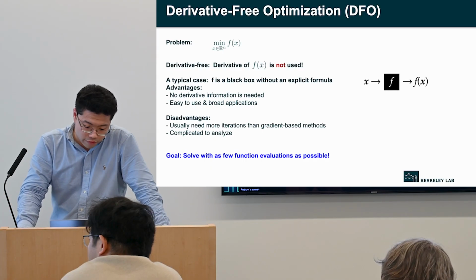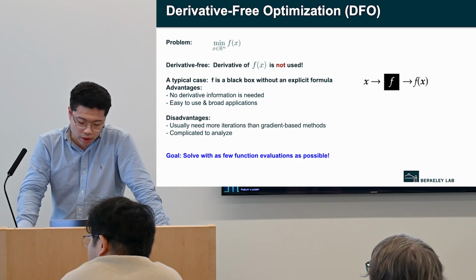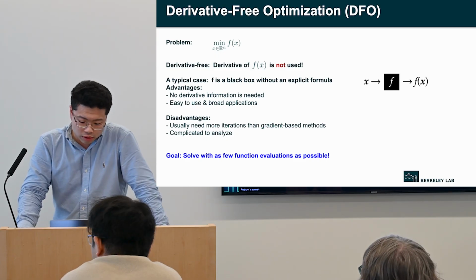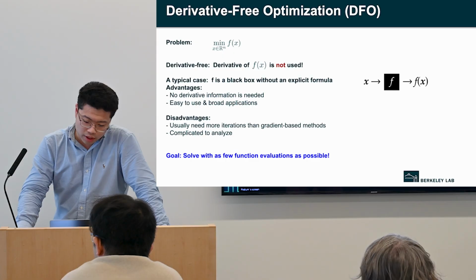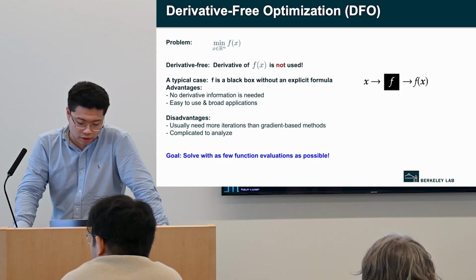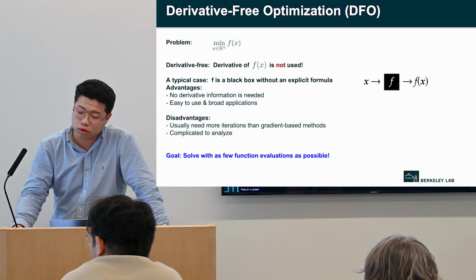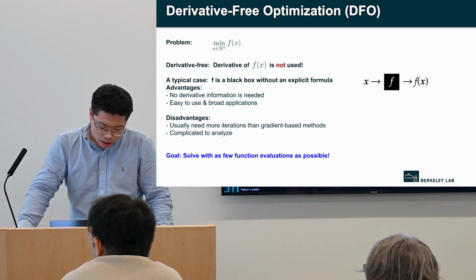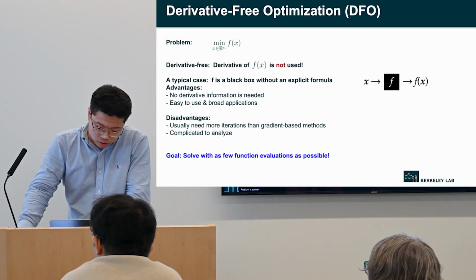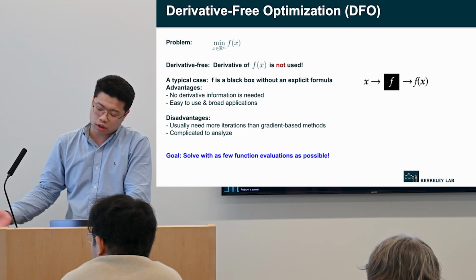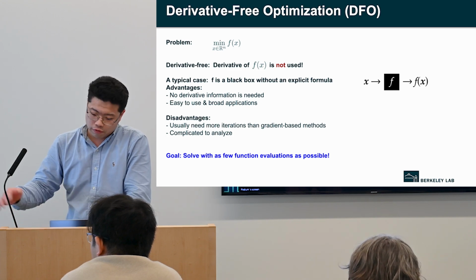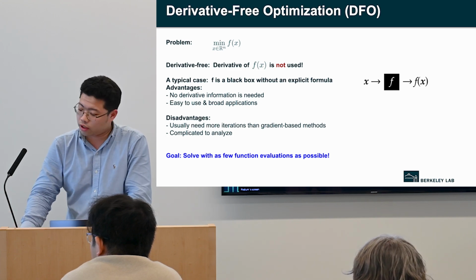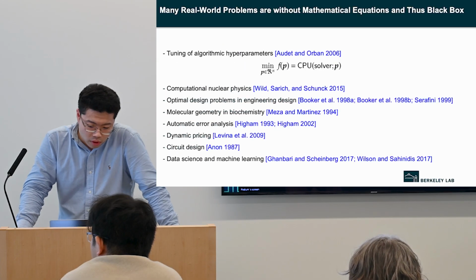However, the disadvantage is that we usually need more iterations than the gradient-based methods, and it's harder to analyze the properties and convergence. So for derivative-free optimization, the goal is to solve the optimization problem with as few function evaluations as possible.